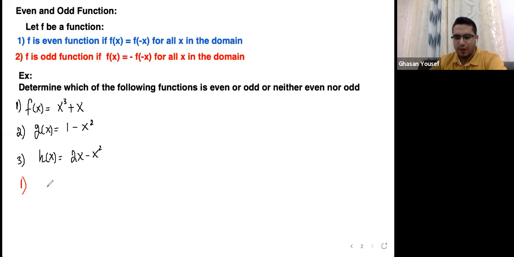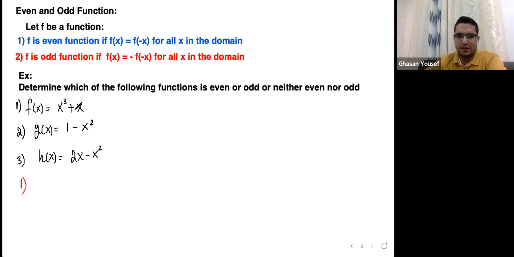Oh, okay. Cube. Actually, this is not correct. I see a lot of students have the same idea. They said here the exponent is odd, and here the exponent is odd, so the function is an odd function, and this is completely wrong.